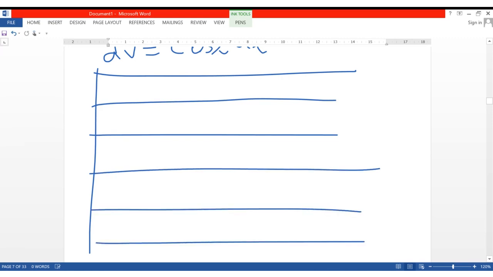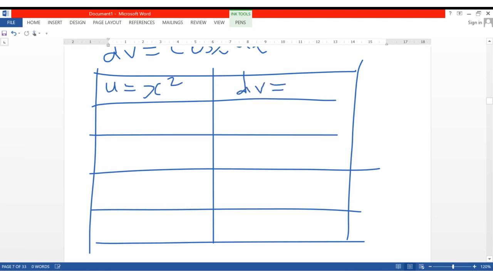So this one is my function u, which we have called x squared. This one is my function dv, which we are calling cos x. Our u, we always differentiate, and the dv we always integrate. So I'll differentiate the u until I get a 0.